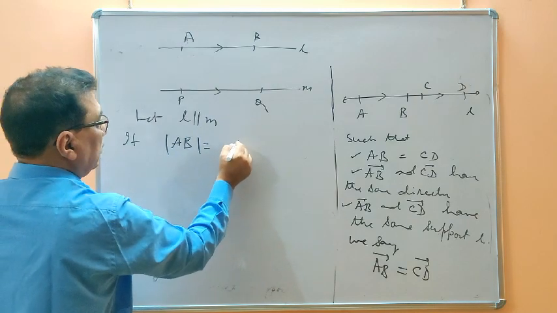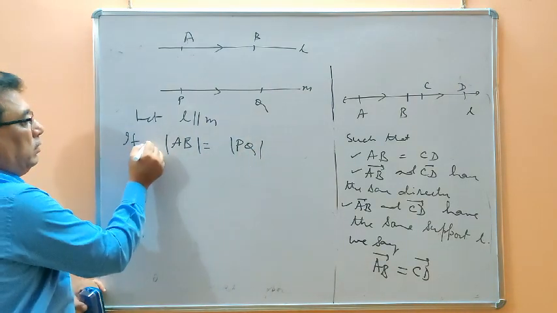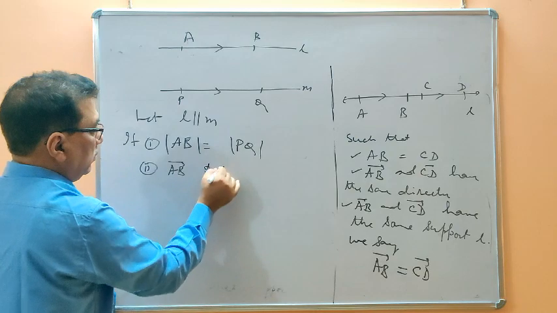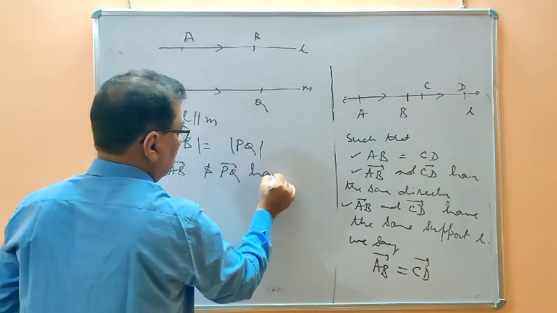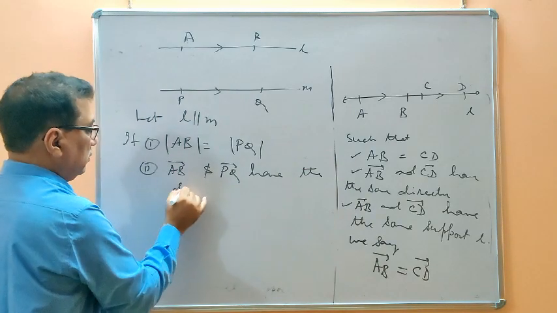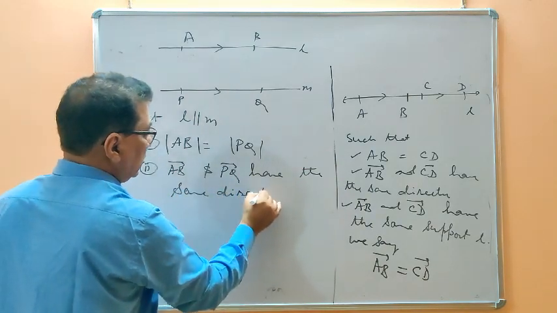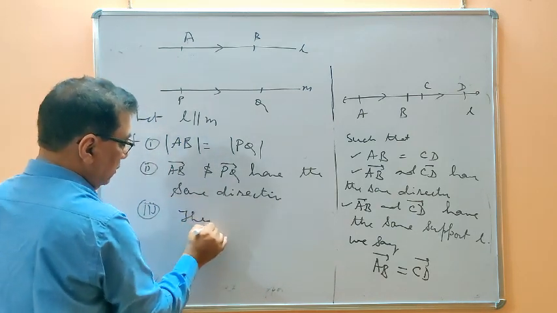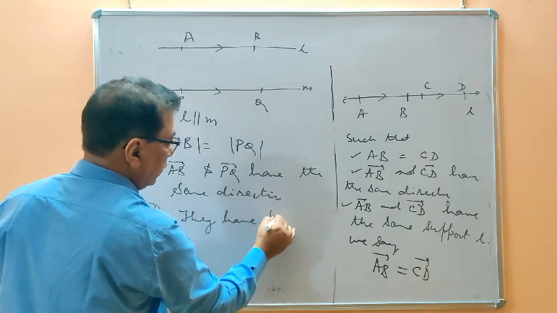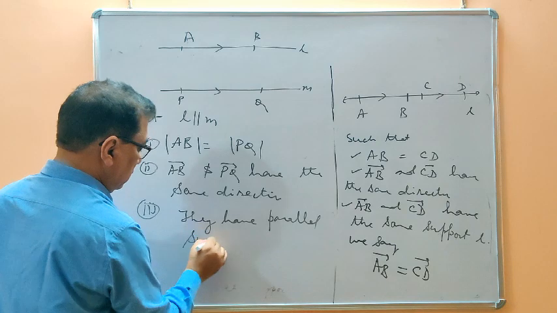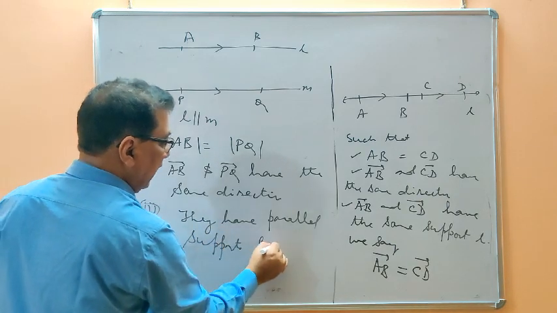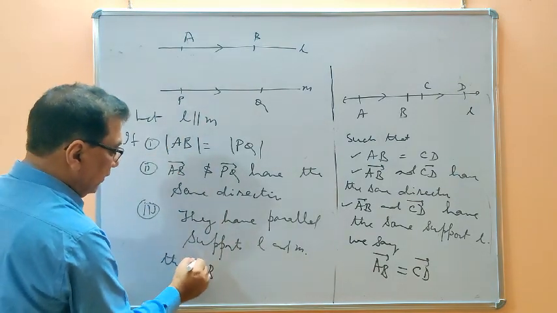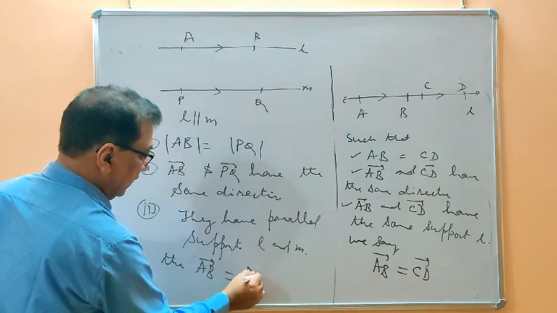If length of AB is equal to length of PQ, second, AB and PQ have the same direction, and third observation, that they have parallel supports, L and M. Then we say that AB is equal to PQ.